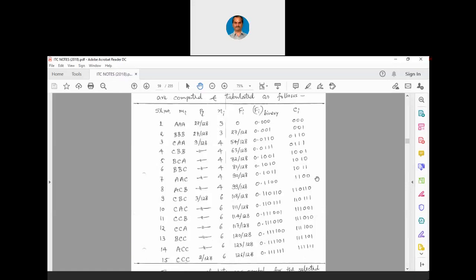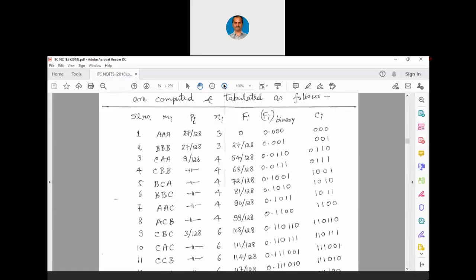There is no repetition of any code anywhere. You can watch that all the codes are distinct. We will not get the same code again. That is the genius of Shannon's algorithm. Now, similarly, for the 6-bit, you can see this is the answer. Now, we have got this code for 3 symbol sequences.